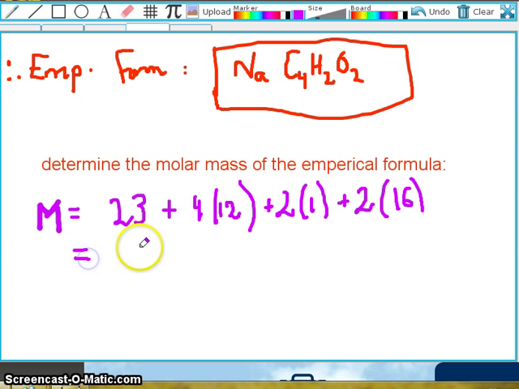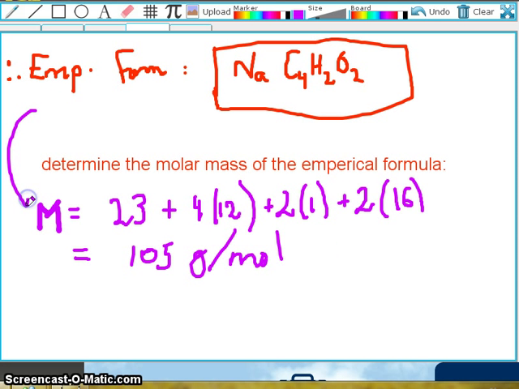Once you total this up, you roughly get 105 grams per mole. So that's the molar mass of your empirical formula, just by looking at a periodic table and adding them up.